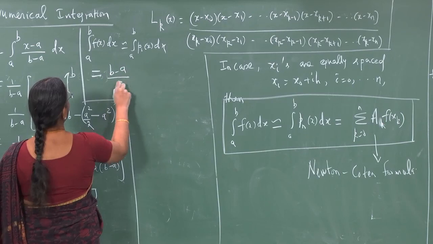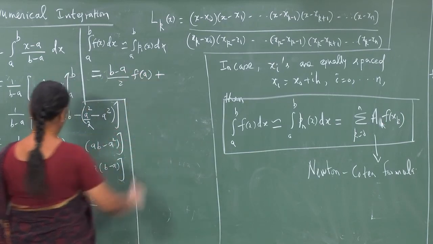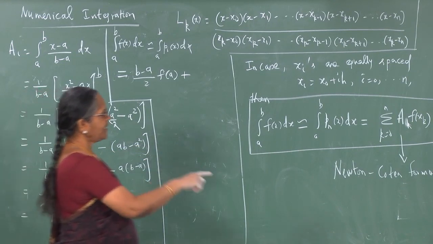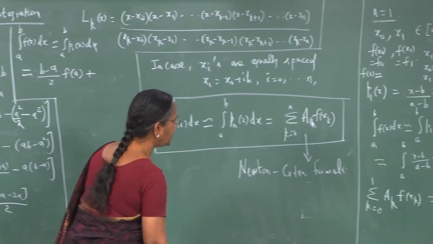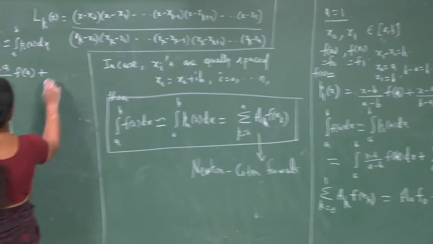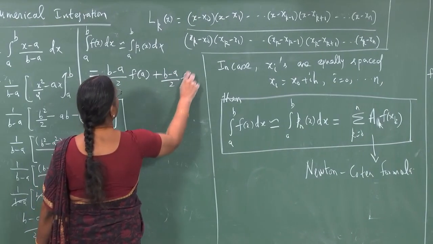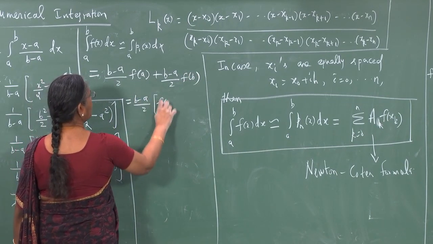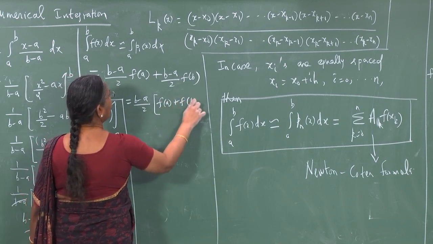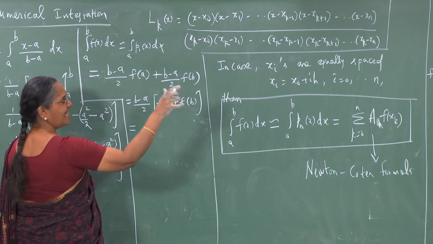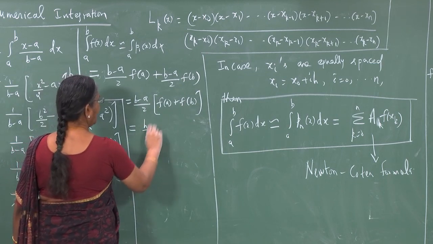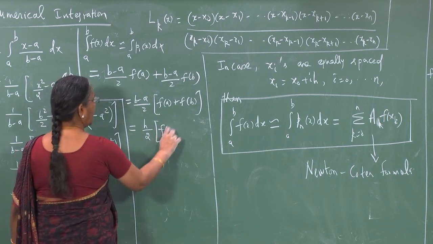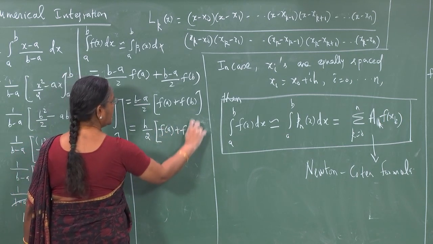So b minus a by 2 into f at a plus a1 into f1, x1 is b. So f1 is f at b. So that gives you a1, which is b minus a by 2 into f at b. So it is b minus a by 2 into f of a plus f of b. But b minus a is the length of the interval, and we have said that that is equal to say h. So, h by 2 into f at a plus f at b.